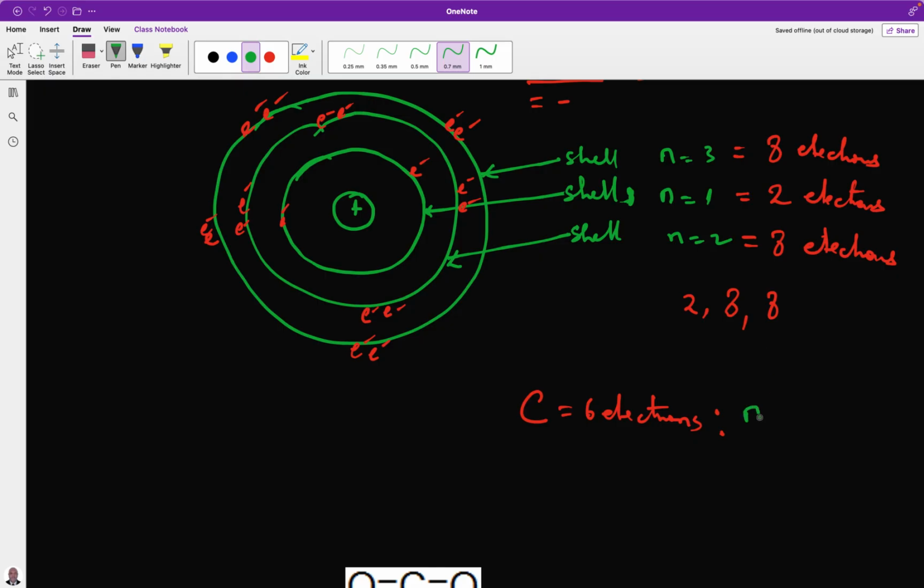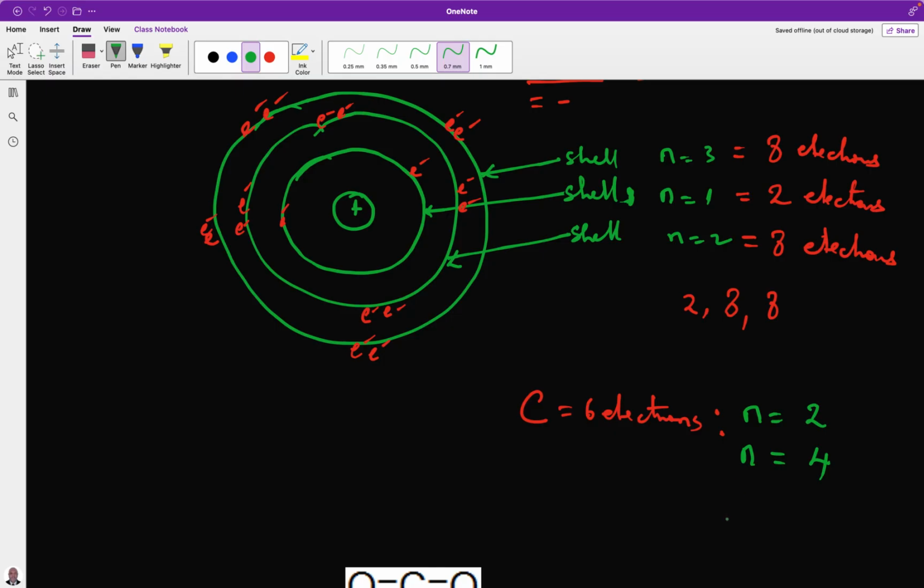So n equals 1, the first shell, will contain 2 electrons. The second shell, n equals 2, is supposed to contain 8 electrons, but because carbon has only 6 electrons, and 2 are already taken, the second shell of carbon will contain only 4 electrons.